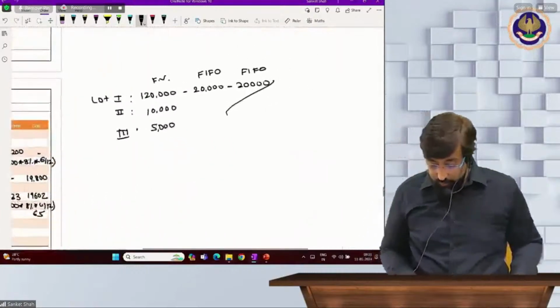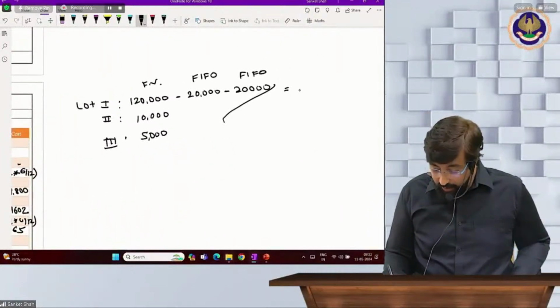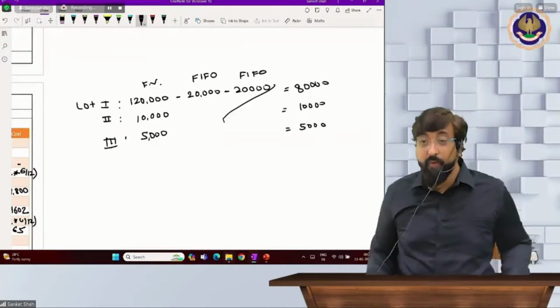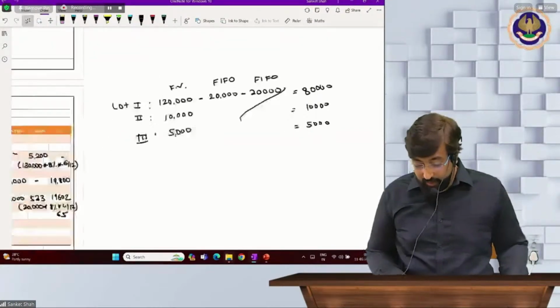Now tell me, I am left with 80,000 of lot 1, 10,000 of lot 2, 9,898, and 5,000 of lot 3, 4,949. Correct? Yes.